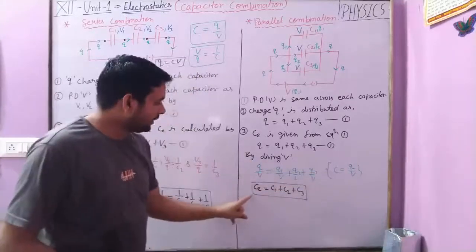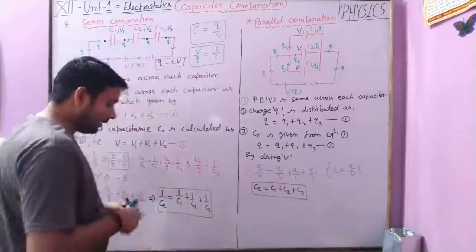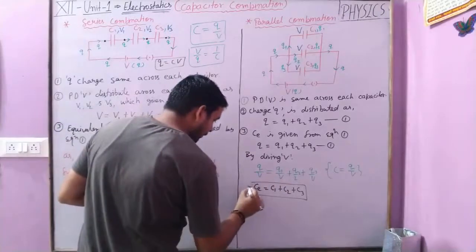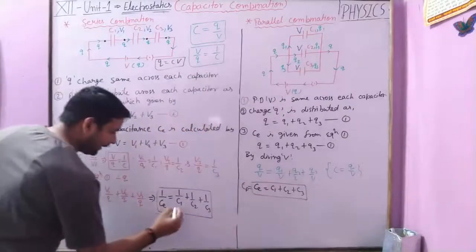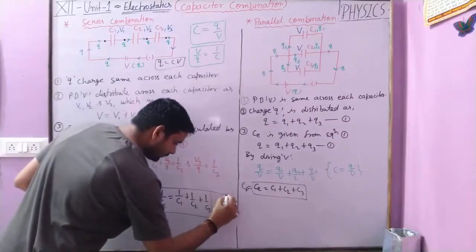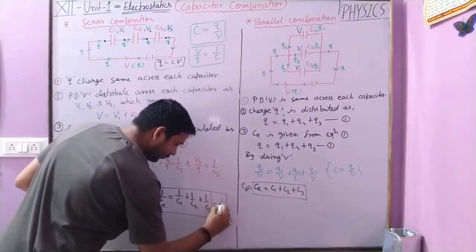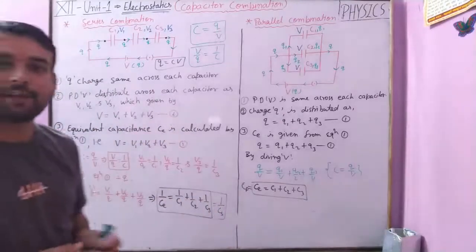So we can use here the equivalent capacitance, and we also use the symbol CP for the parallel combination and CS for the series equivalent capacitor.